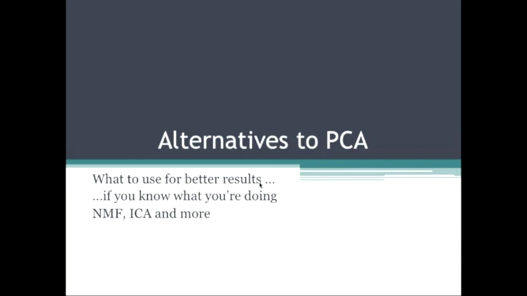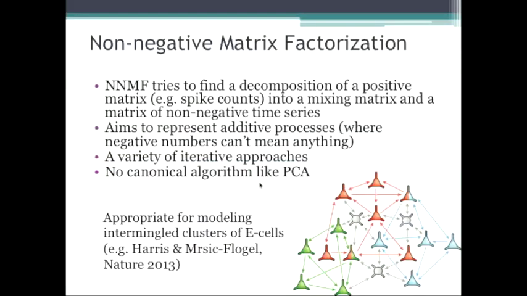So I'm going to talk about two of them, non-negative matrix factorization, which we'll do a short example of, and ICA. The basic idea of non-negative matrix factorization is that you have additive processes. For example, in a region you're recording from, you may have a number of different clusters of pyramidal cells or excitatory cells that respond to different kinds of features.